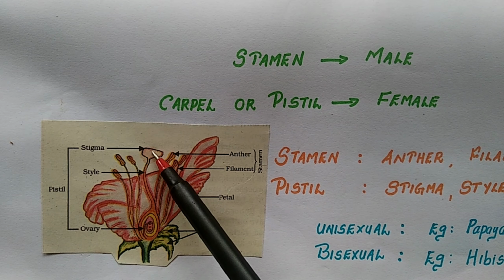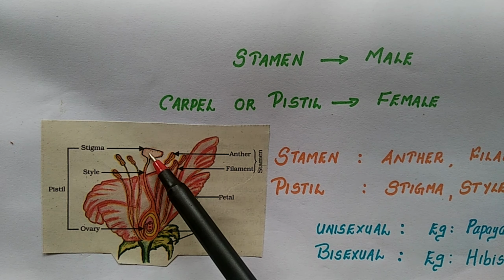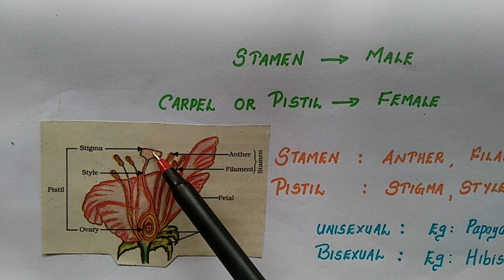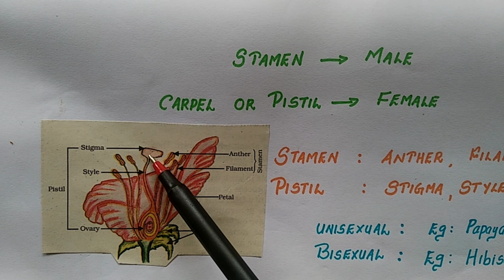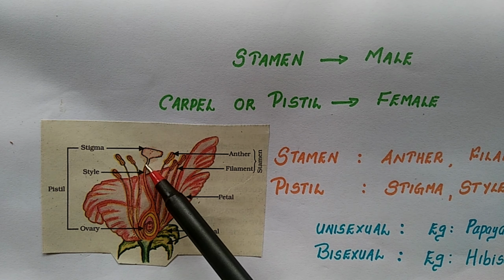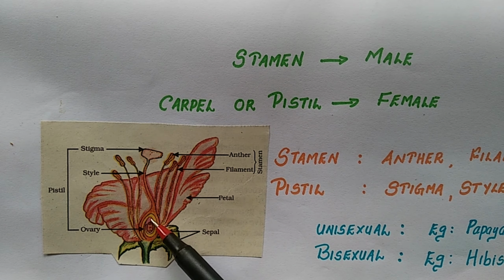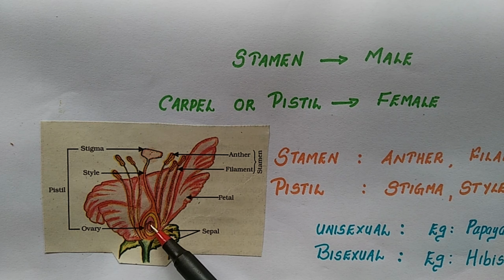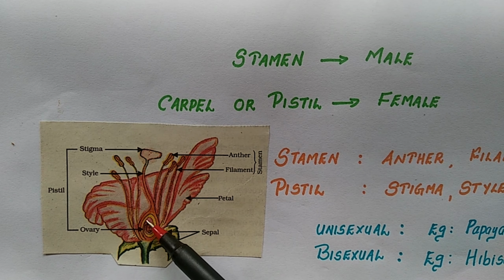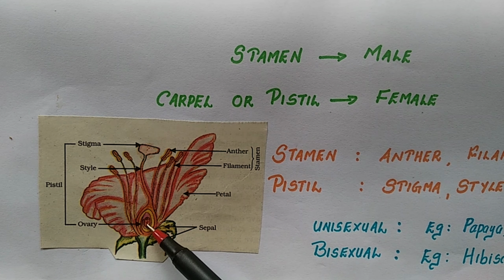When it reaches the stigma, chemical nutritious substances are produced by the stigma, and with the help of these nutritious substances the pollen grains generate a pollen tube. This moves through the style and reaches inside the ovary where ovules are present. The ovule and the male gamete, that is the pollen grain, undergo the process of fusion and fertilization, and a new zygote is formed.